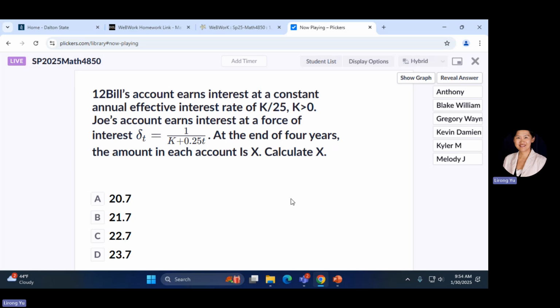So A1 is going to be 1 plus 0.25 t, with t equal to 1 now, 0.25 over K, raised to the power 4. That's A1. And what will be the interest? This has to minus 1. That's the annual effective interest rate, which is A1 minus 1. That's our i. Now this says that the annual effective interest is actually K over 25.